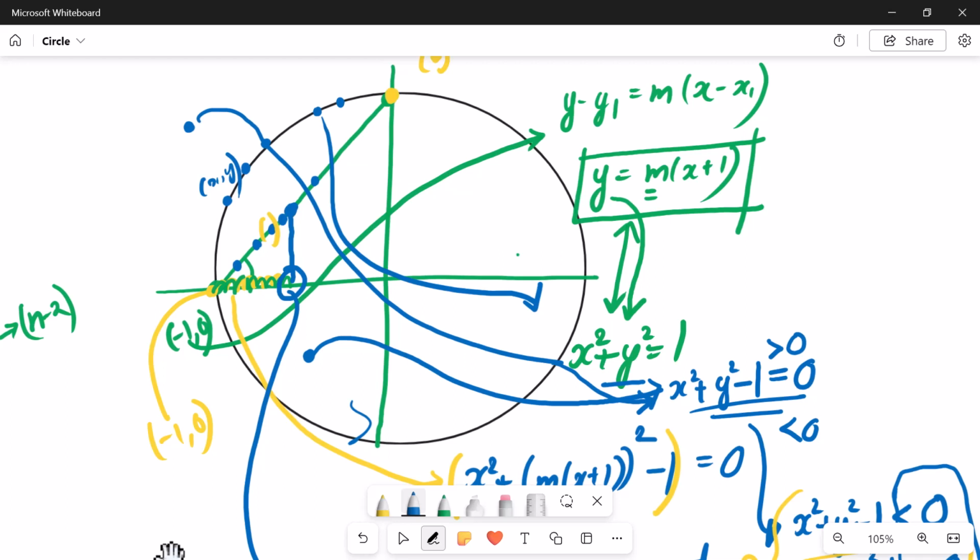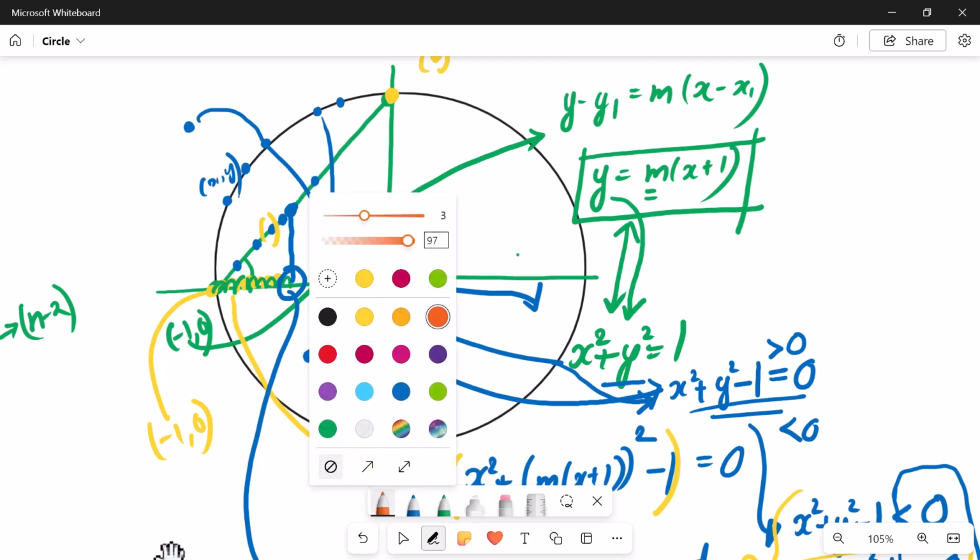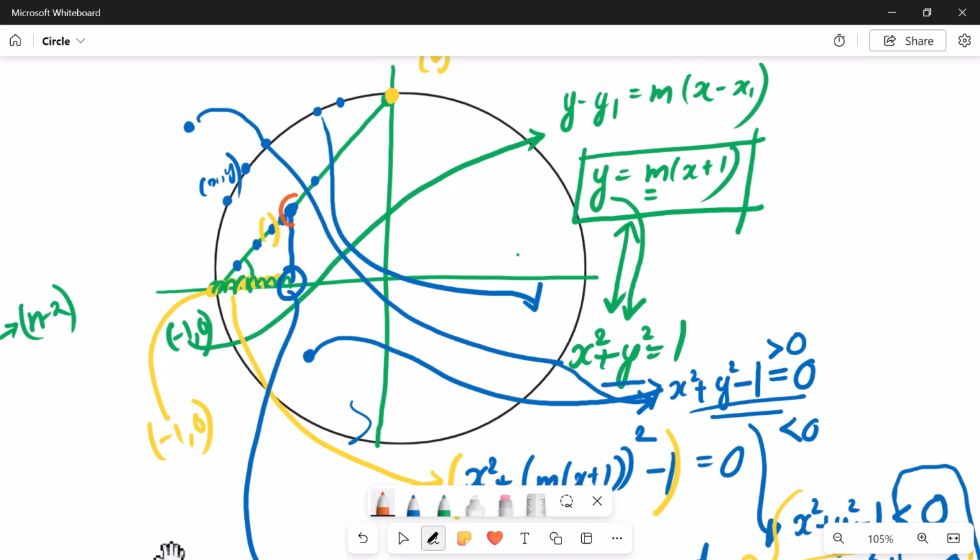So if we satisfy the equation for this x coordinate, then we will get this point on the line, right? This is the resulting point on the line with respect to this x.